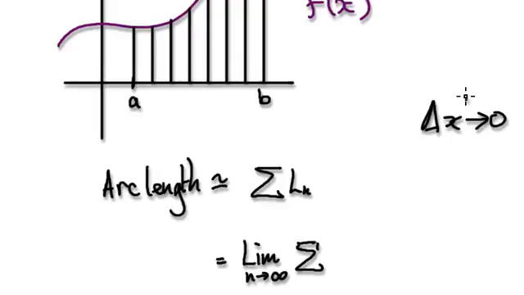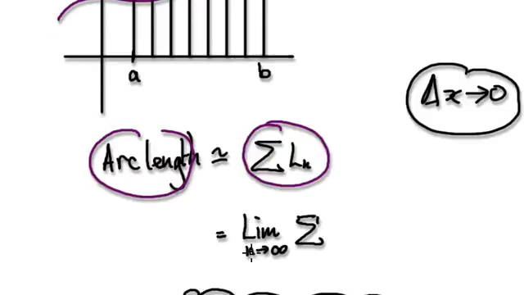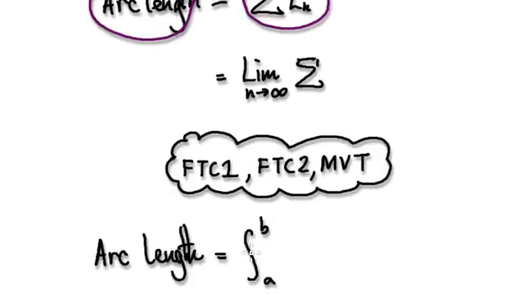So as we increase the number of strips, this delta x here tends to 0, and then so the actual arc length is approximately us summing up all the diagonal lengths, and then we would then increase the number of strips to infinity.